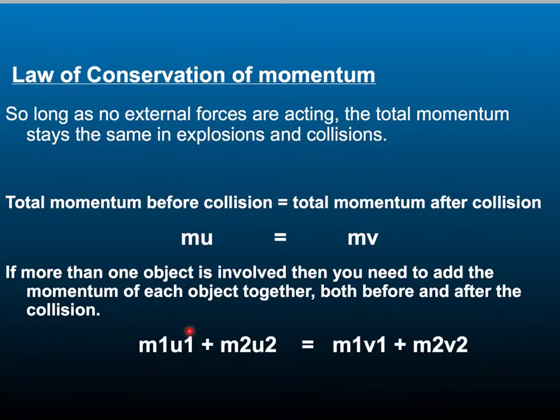So with object 1, we would have its mass times its initial velocity, plus object 2's mass times its initial velocity, and then after the collision or the explosion, we have the mass of object 1 times its final velocity, and the mass of object 2 times its final velocity.